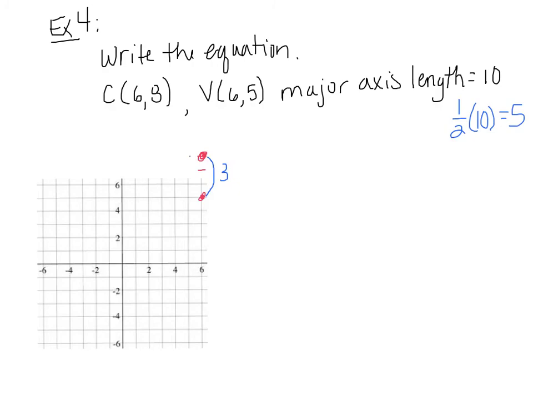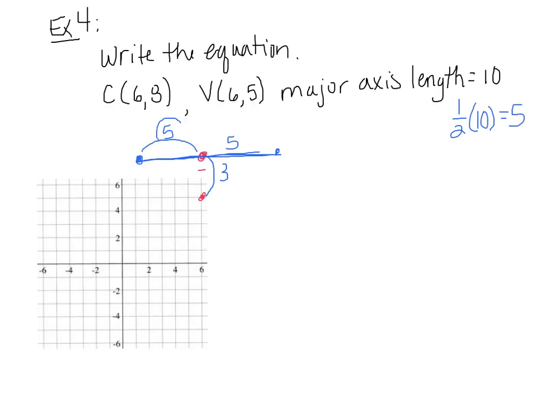So 1, 2, 3, 4, 5 would be approximately right here. But really, the key part is we need that 5 there. So if it tells you that the major axis length is 10, it's talking about the whole major axis. So this part would be 5 and this part would be 5, if that makes sense.